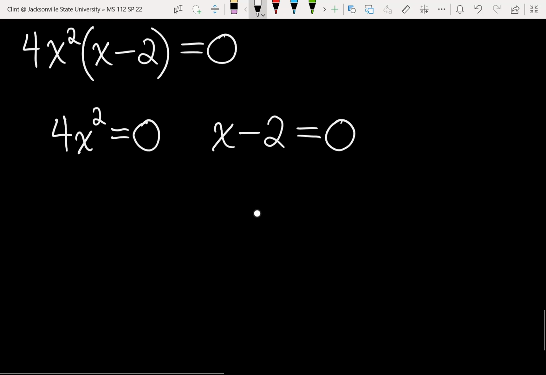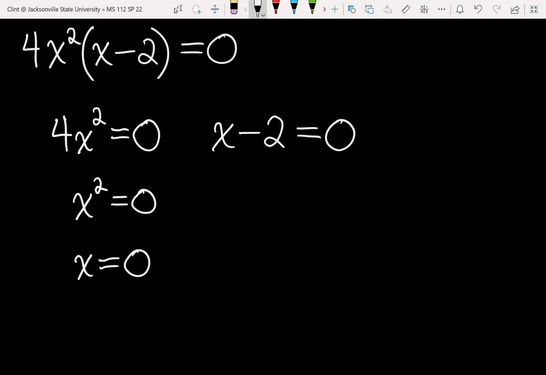The first one might look a little weird, but it's actually easy. We divide both sides by 4 and get x squared equals 0, and then the square root of 0 is just 0. We don't even have to remember plus or minus because 0 is not positive or negative. On the other one, we add 2 to both sides.